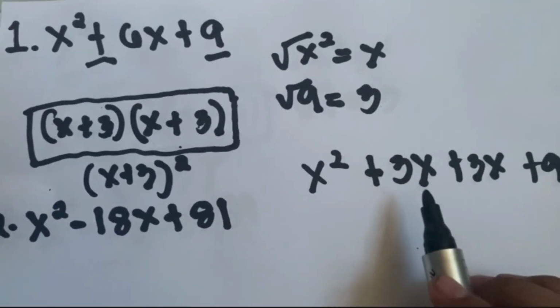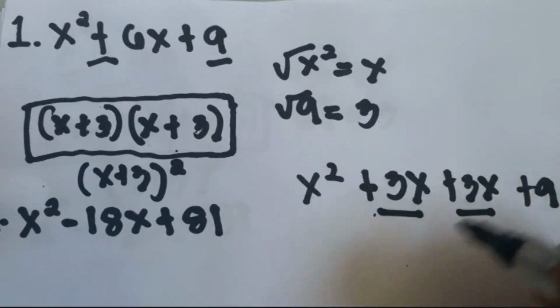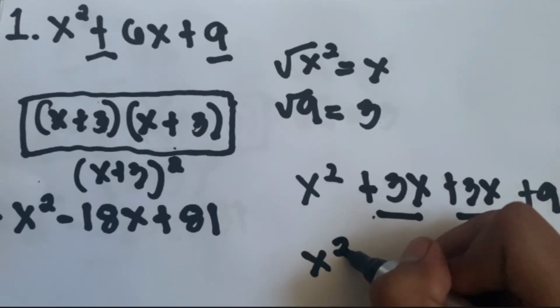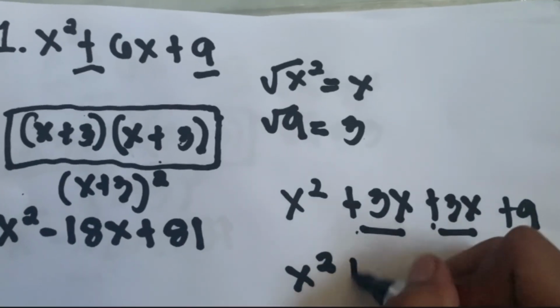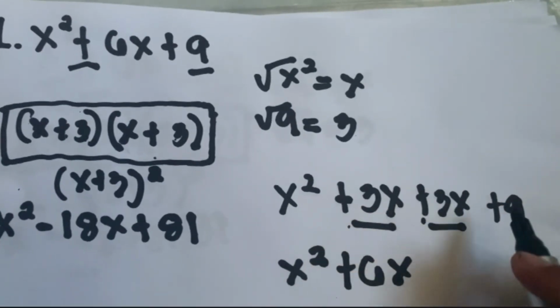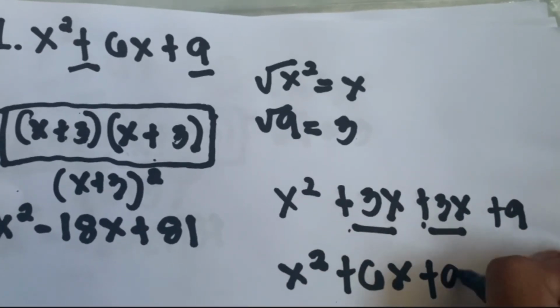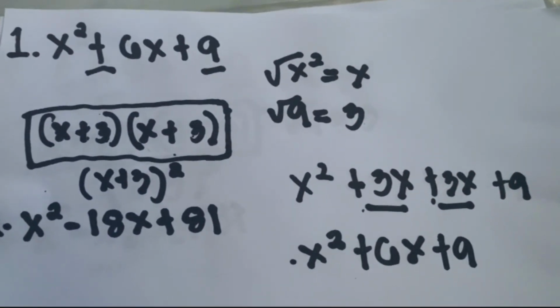Now we combine the like terms, which are the 3x and 3x. So x squared, 3x plus 3x is positive 6x, and plus 9. So our answer is correct.